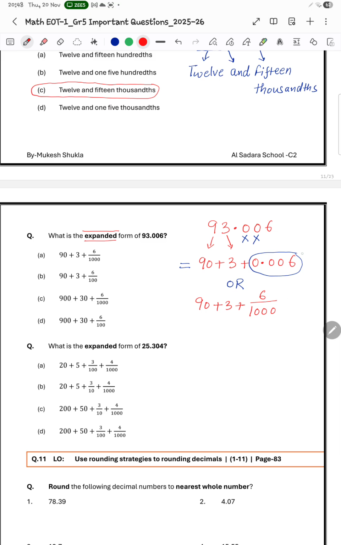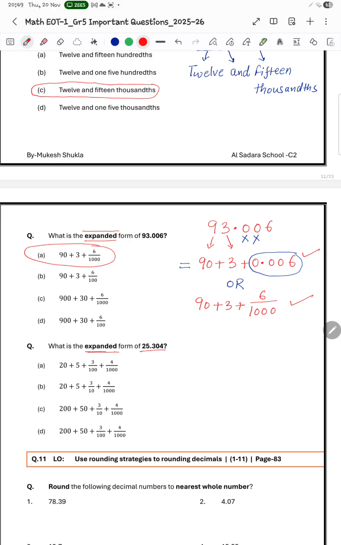So both the options are correct. If they have given you fractions, use fractions. If they have given option as decimal, use decimal. So according to my answer, the number one is the correct one. Okay. So in this way you can easily write the expanded form.